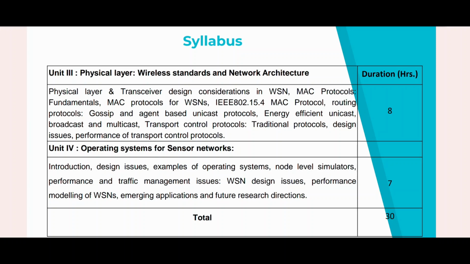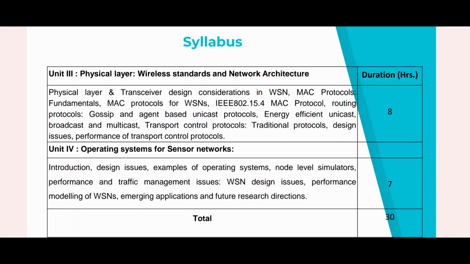So this unit will totally deal with the wireless standards as well as the protocols needed for designing any WSN network. Unit number 4 requires 7 hours: operating systems for sensor networks.